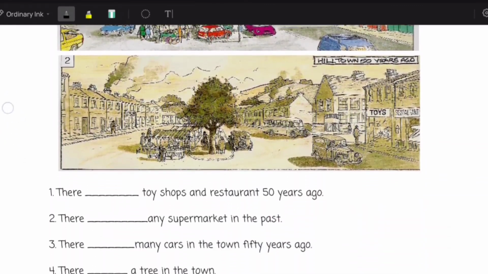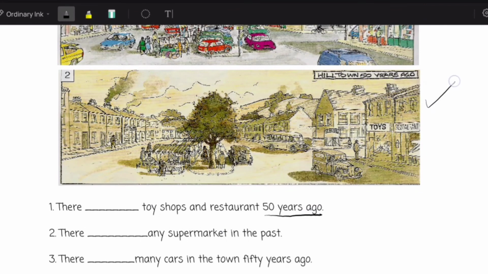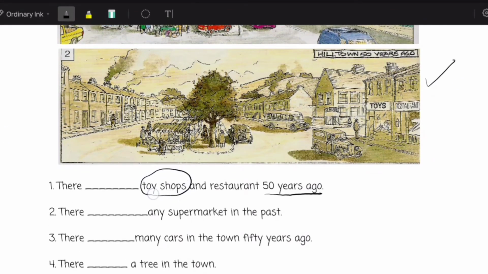For example, there toy shops and restaurant 50 years ago. 50 years ago, 50 tahun yang lepas. Ini dia. So, toy shops and restaurant. Dua benda. So it is plural, sebab dua benda disebut dalam ayat ini. So plural.